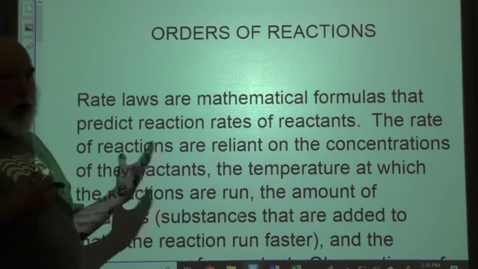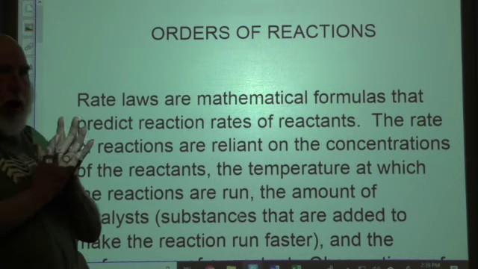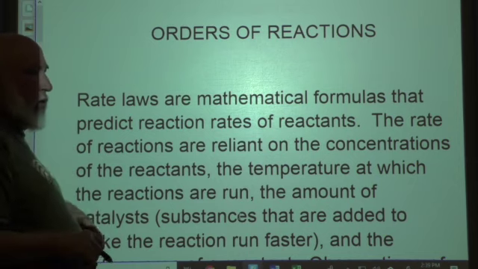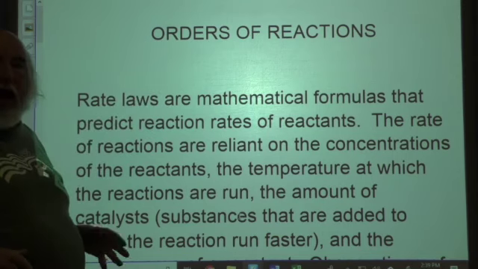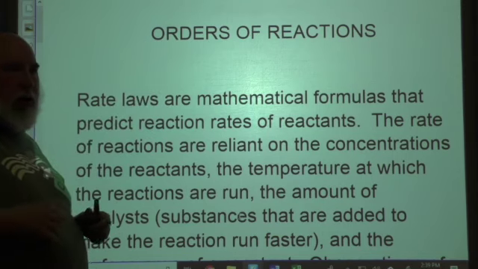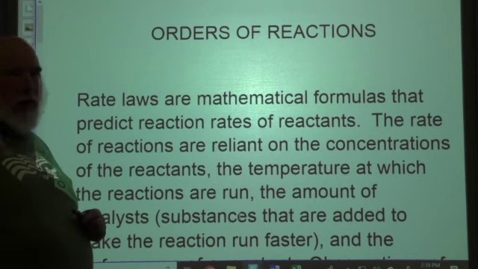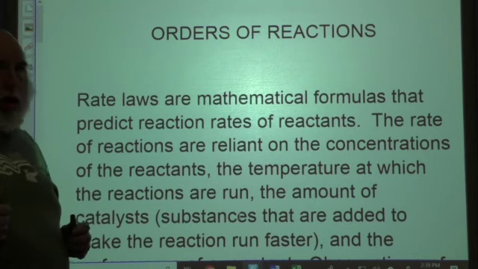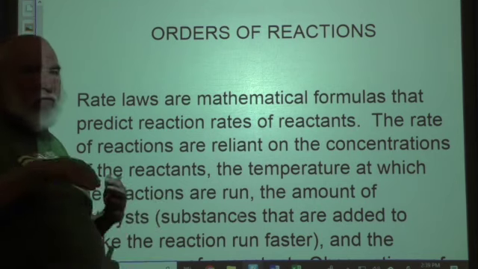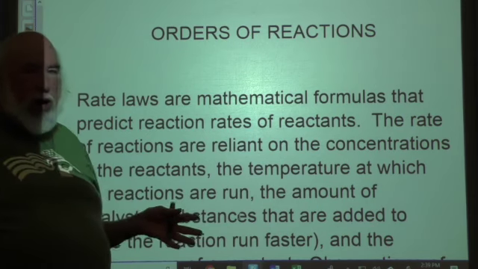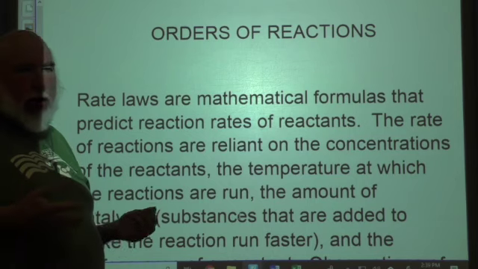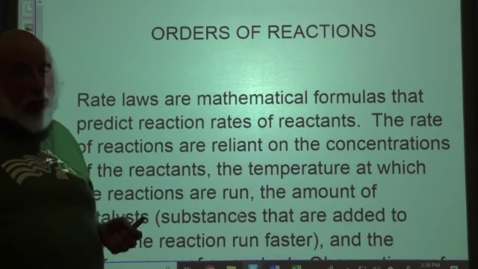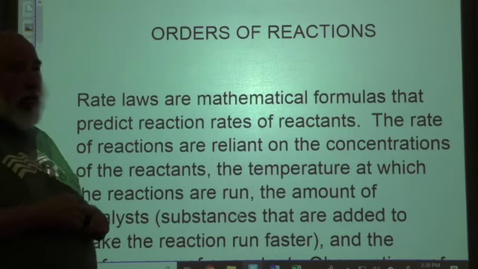Okay, to follow up with the reaction laws that we were dealing with in the last section, we have to look at something called orders of reaction. Orders of reaction describes how many of the actual reactants are involved in determining how fast the reaction goes. Now, as I had said earlier, it's possible to have 1, 2, or even 3 reactants here.